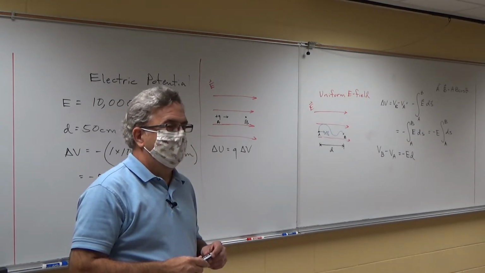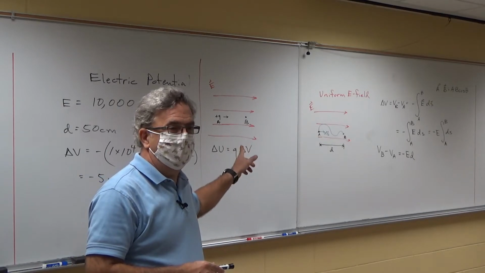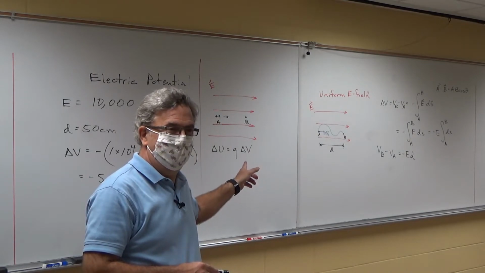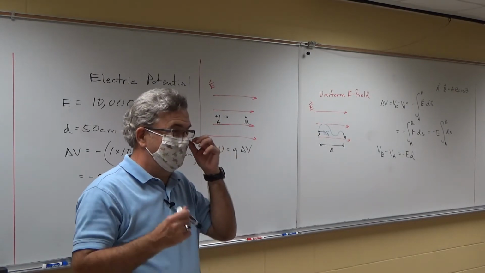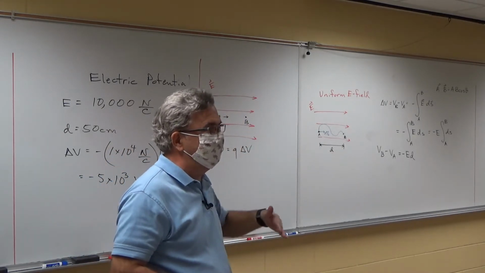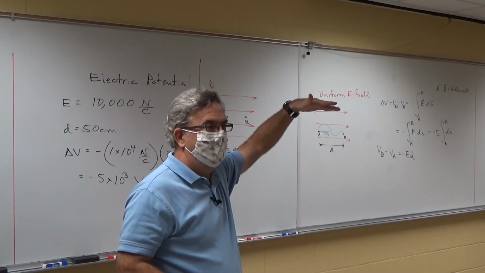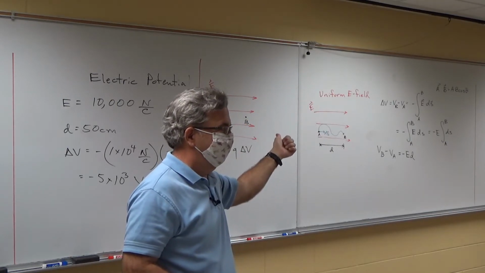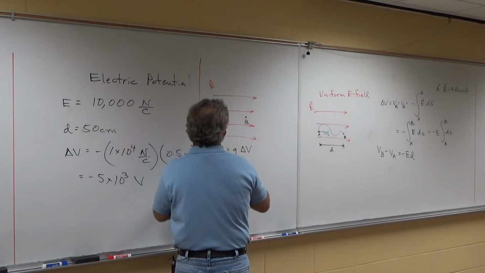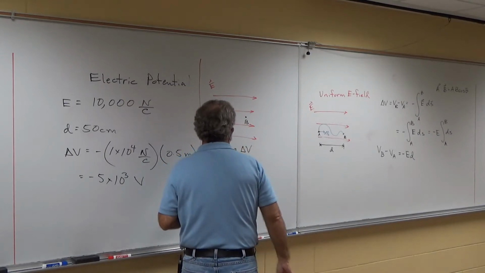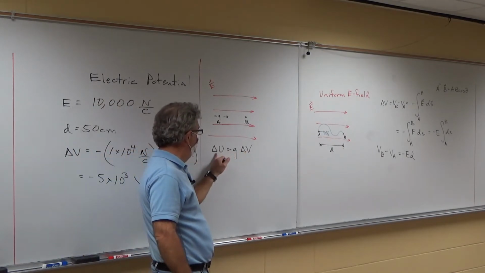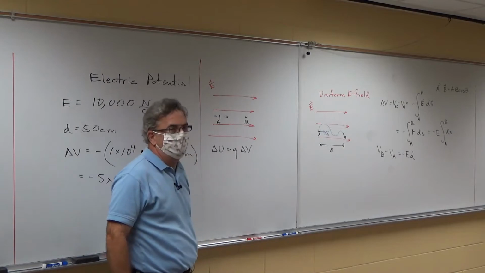Okay? Here's what gives us trouble with electric fields and potential energy. We have negative charges. We don't have negative masses, right? We don't have masses that lose potential energy as you go up in the field. But we do here. Because if I place a negative Q in the field, I get a negative Q here, and you get a positive change in potential energy.